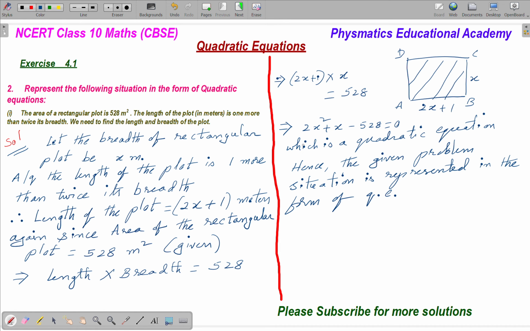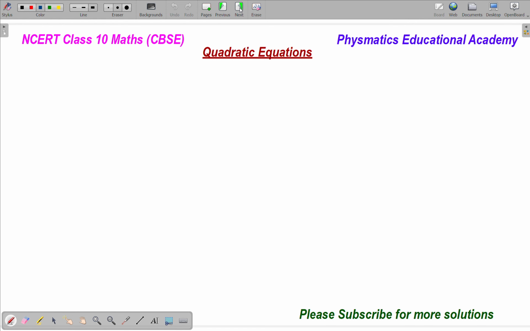This is question number 1 under exercise 4.1. Now coming to question number 2 under main question 2. Now the question, the product of two consecutive positive integers is 306. We need to find out the integers. Now let us copy the question.